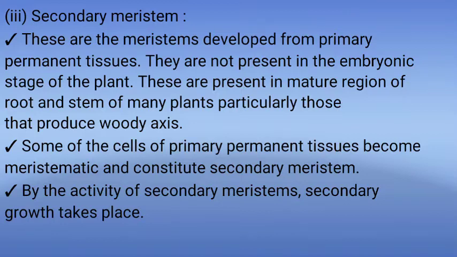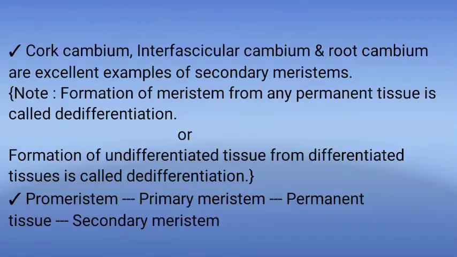Some of the cells of primary permanent tissues become meristematic and constitute secondary meristem. By the activity of secondary meristems, secondary growth takes place in plants. Cork cambium, interfascicular cambium, and root cambium are excellent examples of secondary meristems.